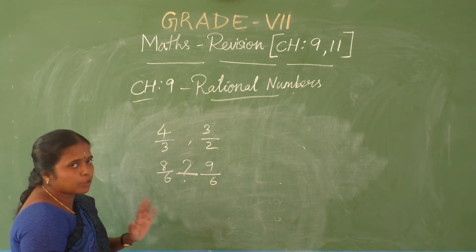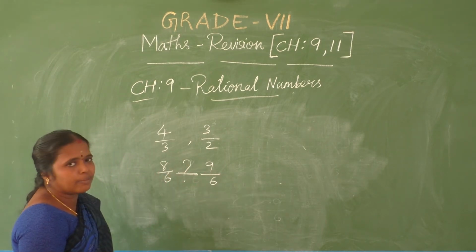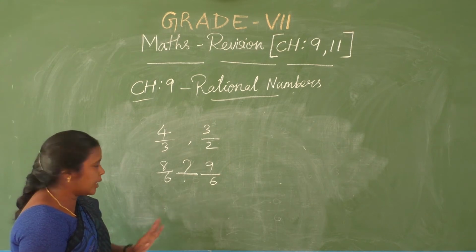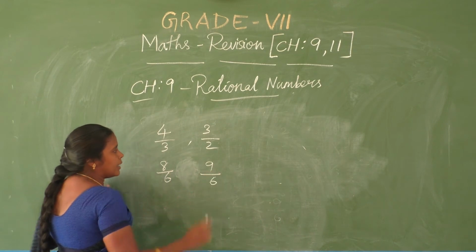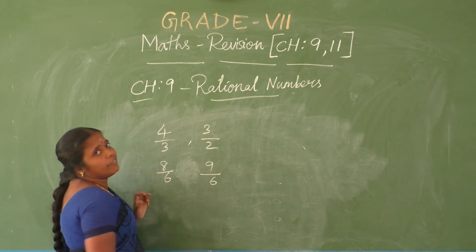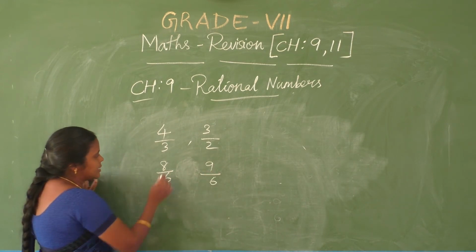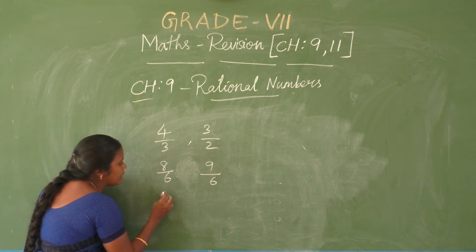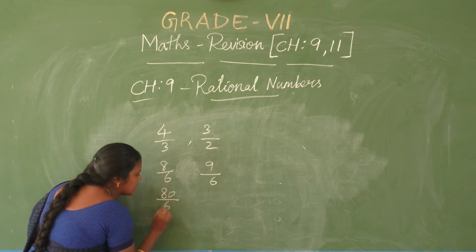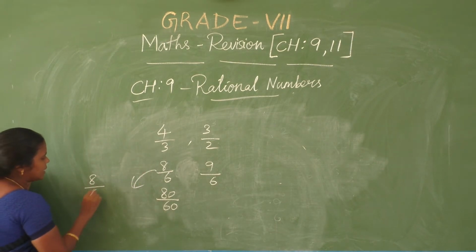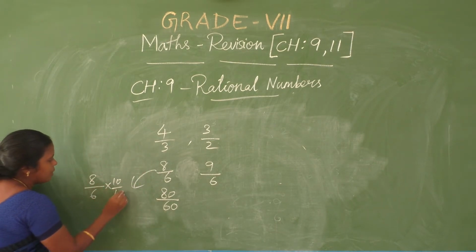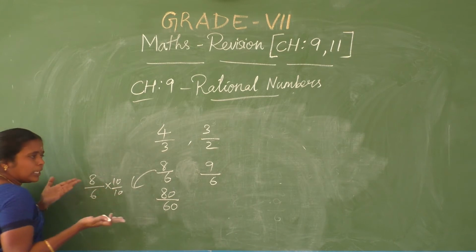Usually what we say is, 8 then 9, ma'am, how can we take any between? Okay. But this can be expanded. That means equivalently we can expand. See, 8 by 6 is equivalent to 80 by 60. Yes or no? If I multiply this by 10 by 10, 8 by 6 into 10 by 10, what comes? Equivalent. Both are equal only, no?